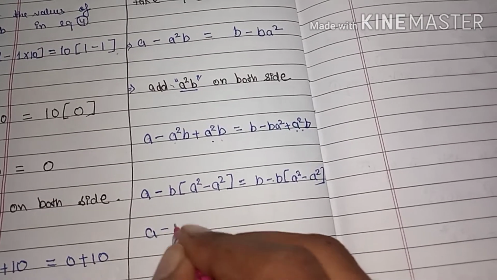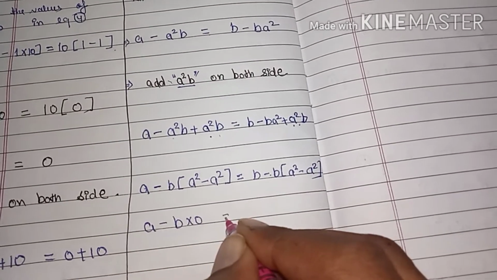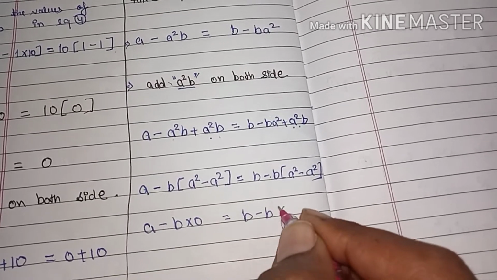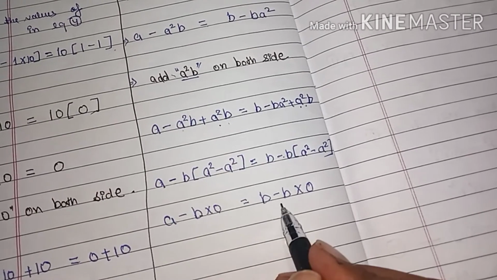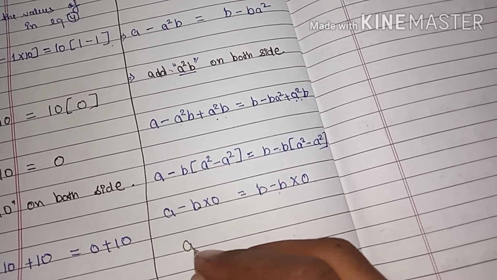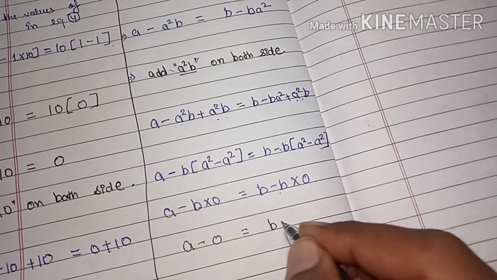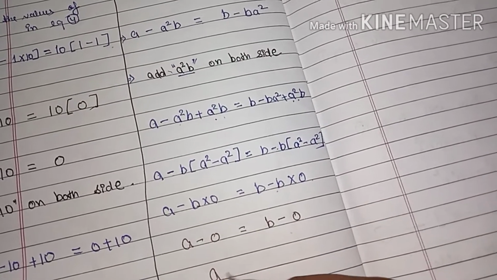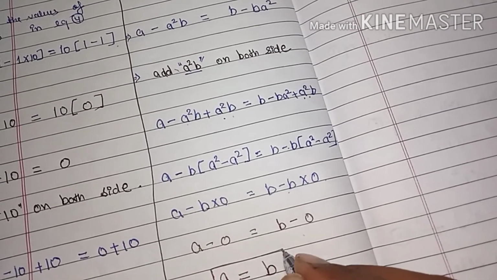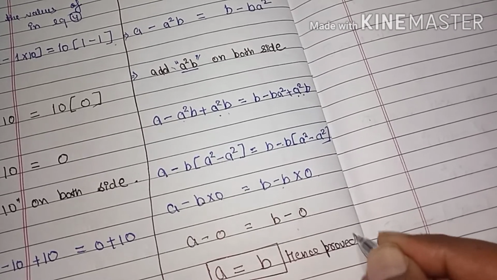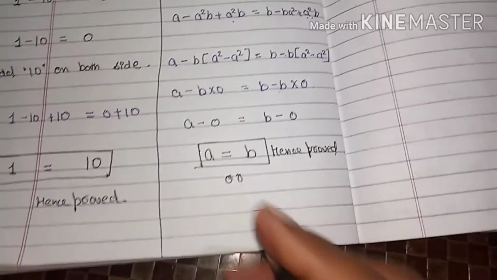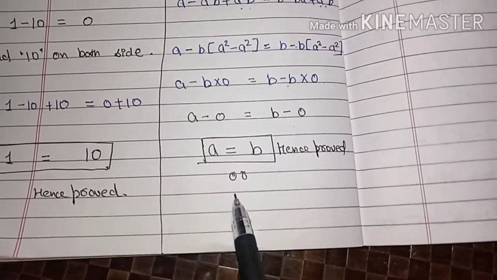So we get A minus B into 0 is equal to B minus B into 0. B into 0 is 0. So A minus 0 is equal to B minus 0. So we get A is equal to B. Hence proved.